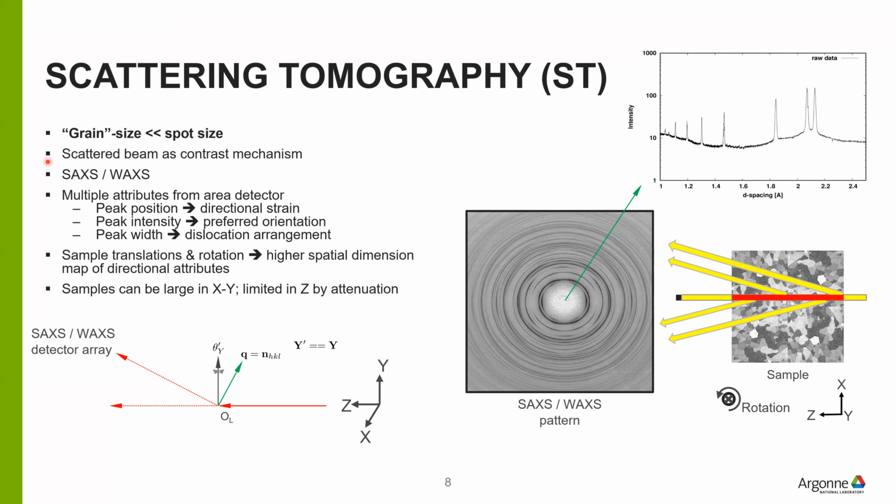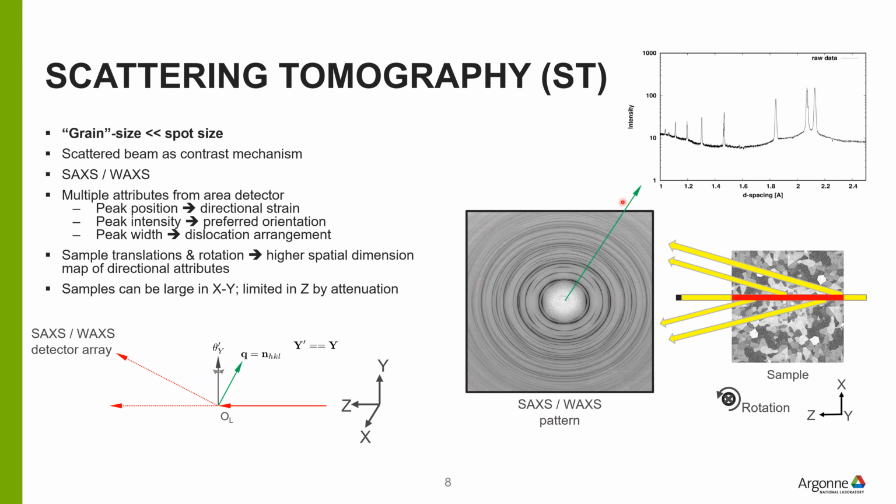Typically, we're talking about something like small angle X-ray scattering or wide angle X-ray scattering here, where we have a sample, we have an incoming X-ray, and this is the spot size, the yellow line here, and anything that satisfies the diffraction condition along this beam is collected on a SAXS/WAXS detector, as shown here.